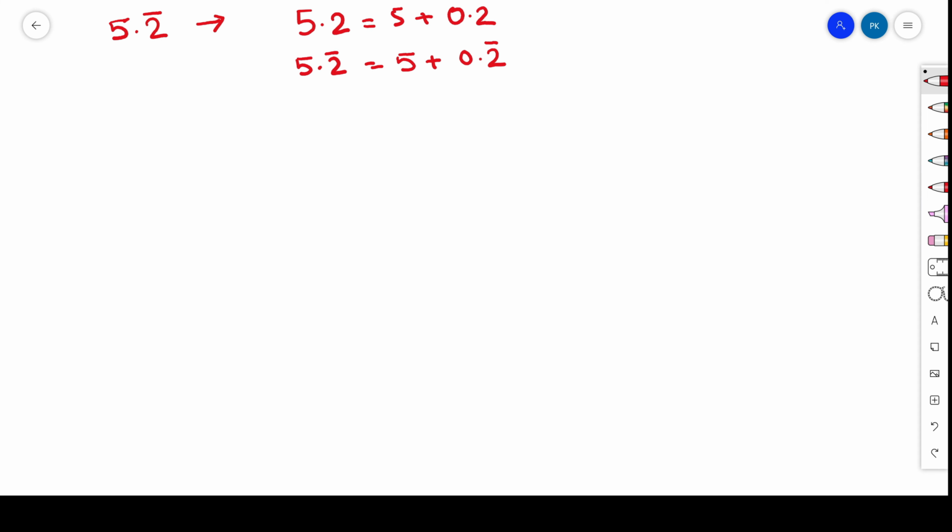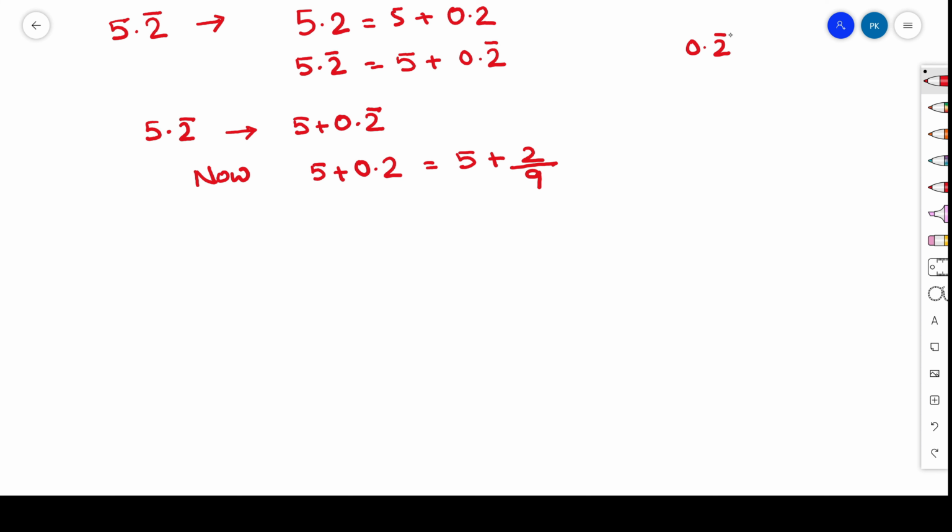Now 5 plus 0.2 bar is equivalent to 5 plus 2 by 9, because we have already learned that 0.2 bar is equal to 2 by 9. So we get 45 plus 2 by 9, and that is equal to 47 by 9.